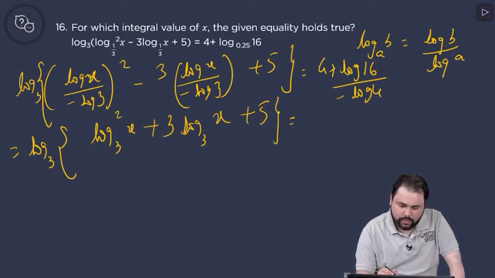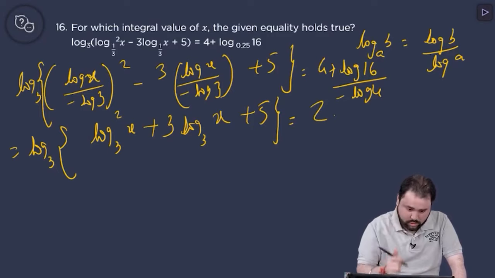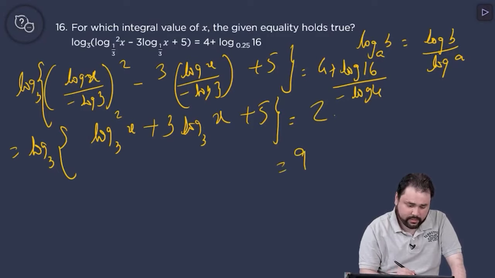So 4 minus 2, which is 2. So this 3 squared, which is 9.